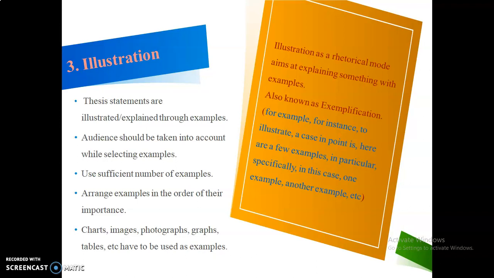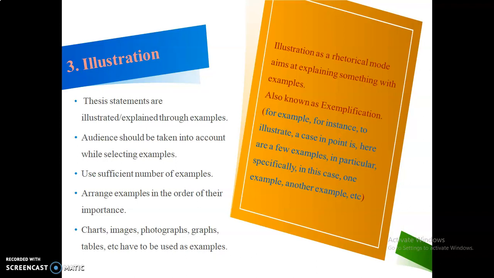Use a sufficient number of examples. You can use a single example to make the idea clear to the audience, or if needed you can use more than one example as well. The basic thing is to make the idea clear and understandable for the audience. Arrange examples in the order of their importance.